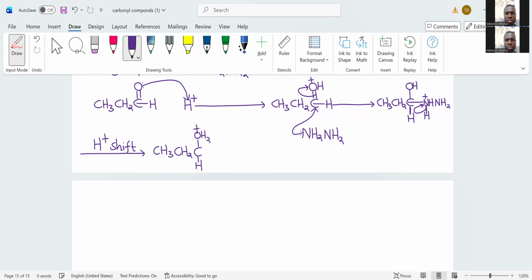Oxygen has donated electrons to the hydrogen, which has shifted to it. That's why it's having a plus. Then with the NH2, like that. Therefore, oxygen is having a plus. It is electron deficient, or it is having excess bond. So I give it electrons using electrons in this bond, like that.